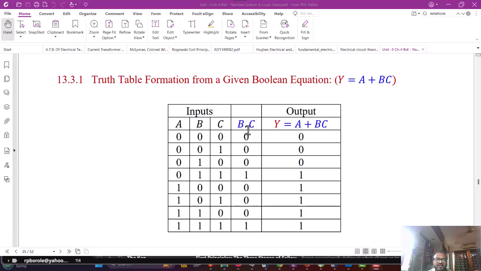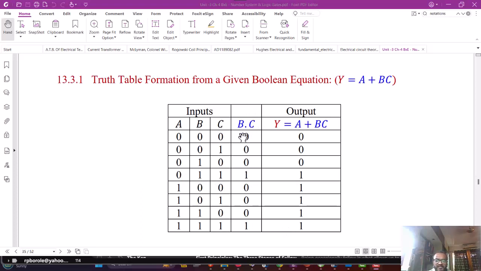Means, whenever you are ANDing, anything AND with 0 is 0. And therefore, the BC AND operation always results in 0 when any of the inputs is 0. The BC output is logic 1 when both the inputs B and C are 1.